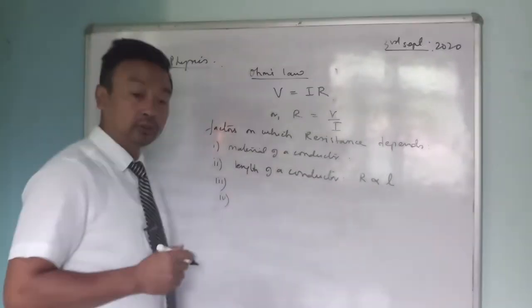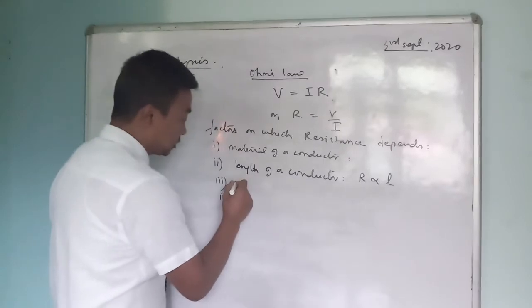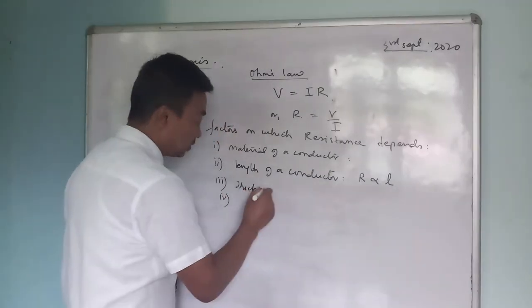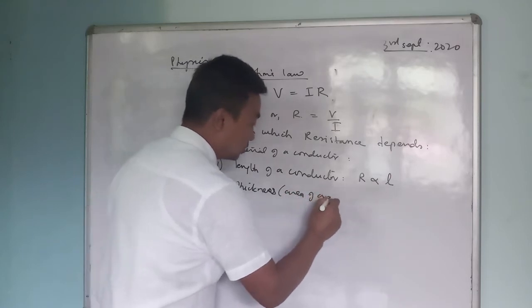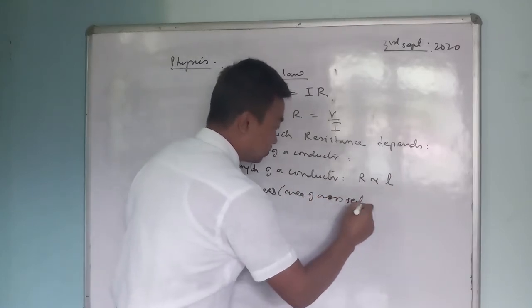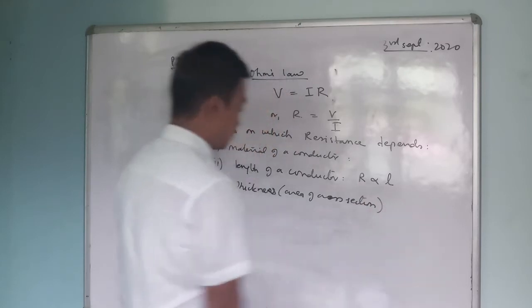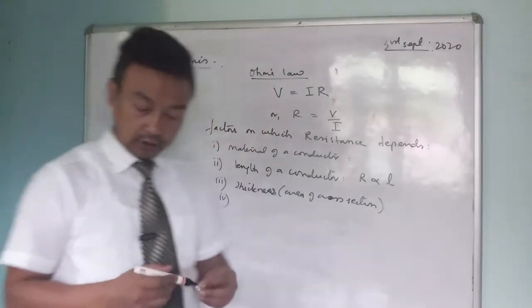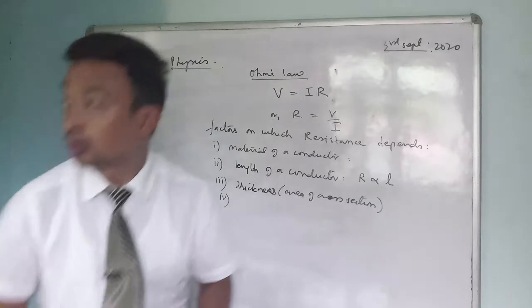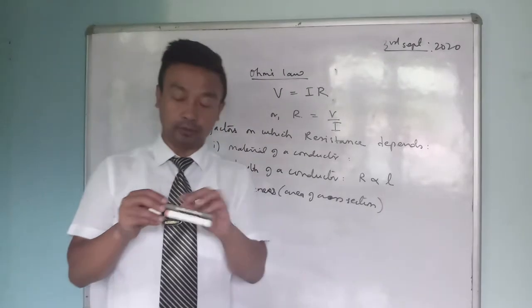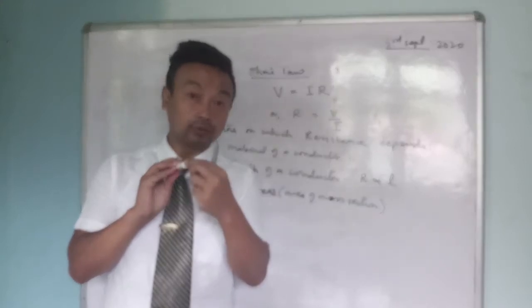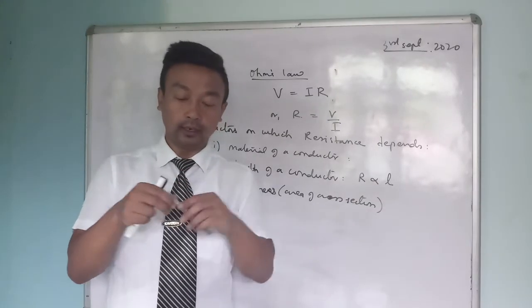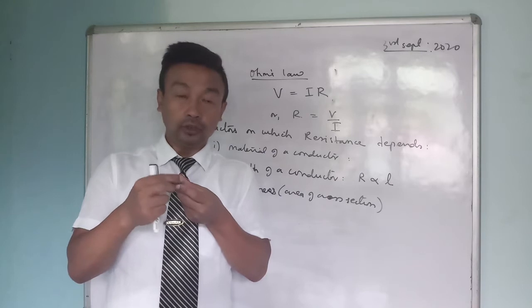Third, it depends upon the thickness or area of cross section of a conductor. Let us take these two pens as an example. This is the area of cross section, the thickness of the wire or the conductor, and in this case this is the area of cross section.